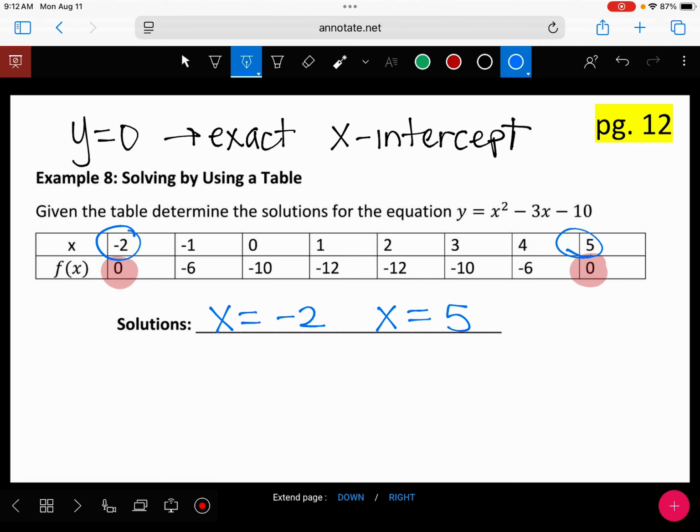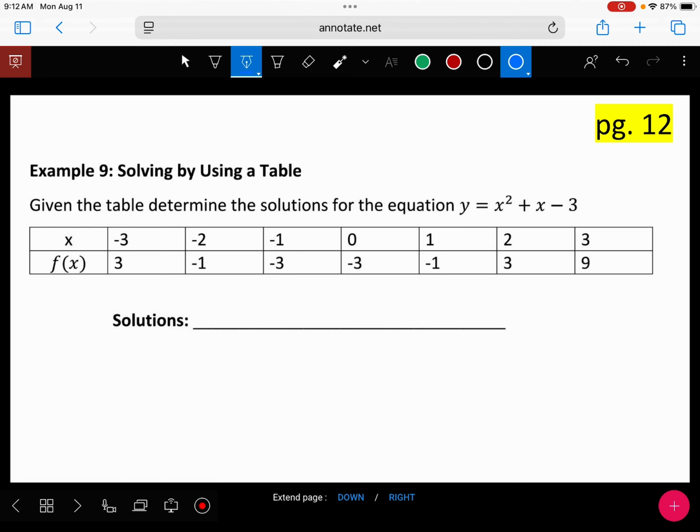Now, if you don't have a 0, then we focus on the sign change. So let's look at the next one here. Unfortunately, I don't have any zeros, so now I need to look at my sign changes. I start off positive, and then immediately it goes negative. So that tells me I have a solution, and it's somewhere between -3 and -2.